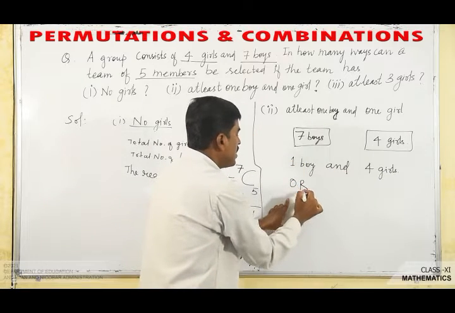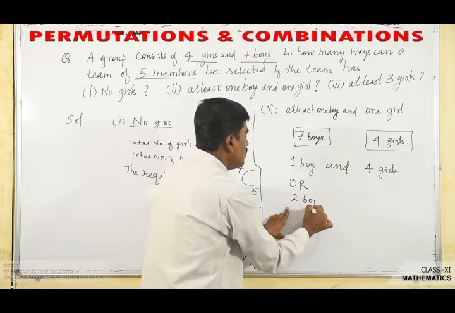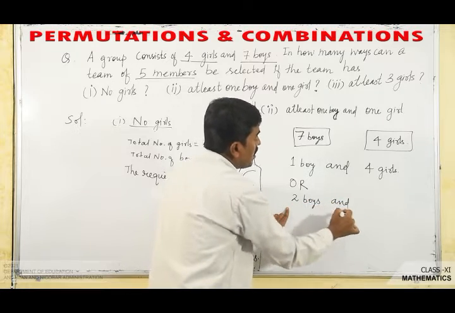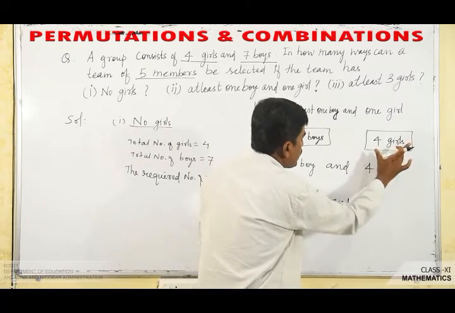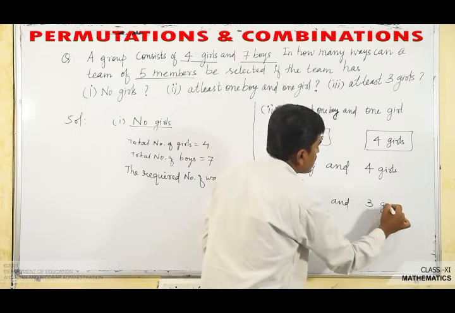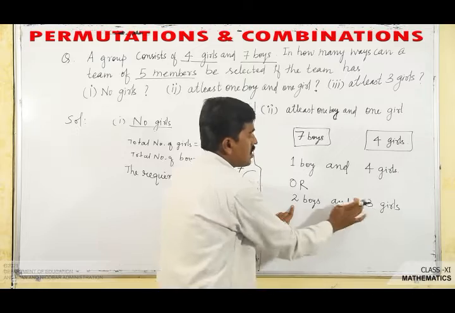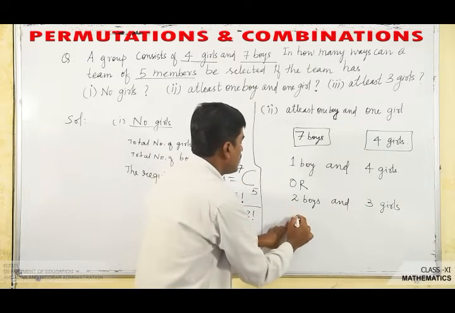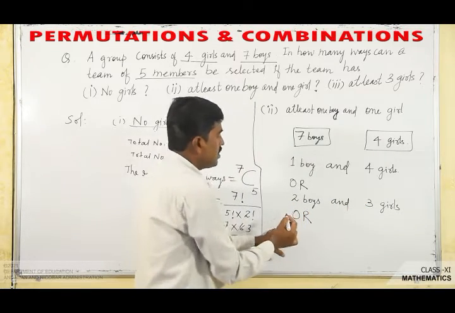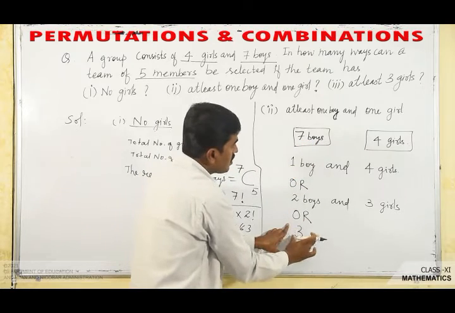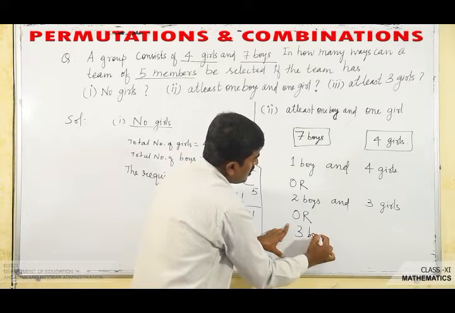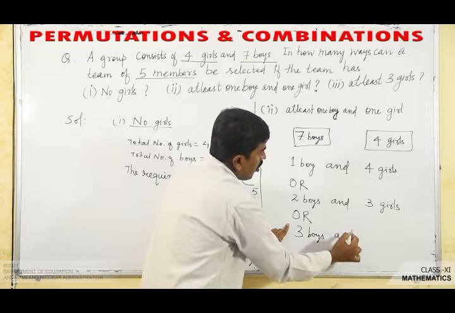Or we can select 2 boys and how many girls we have to select now? To complete the 5 members, out of these 4 girls, we have to select 3 girls. So 2 plus 3, 5 members are there. Or it can be done in this way also, 3 boys, as the total number of boys is 7, so we can select 3 boys also. 3 boys and how many girls now?